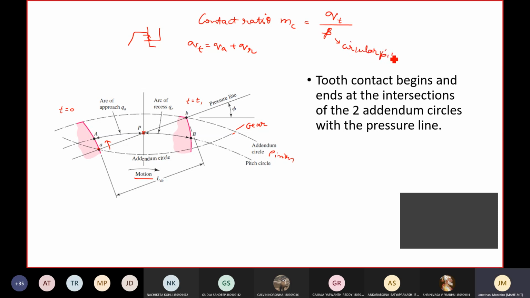In general, what is pitch? For example, if you have a tooth structure like this, you take this location to the immediate adjacent point. This is the pitch, right? This is valid when it is of straight nature, in a linear fashion, with no curvature. But how will you define a pitch for a curved surface like a gear?